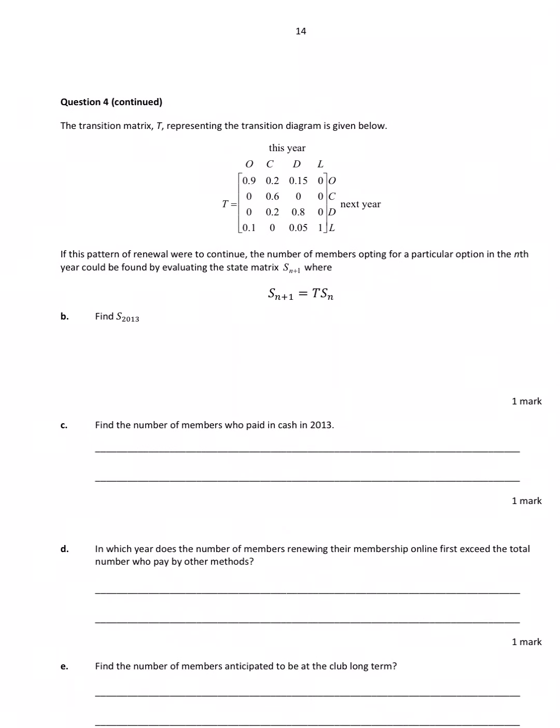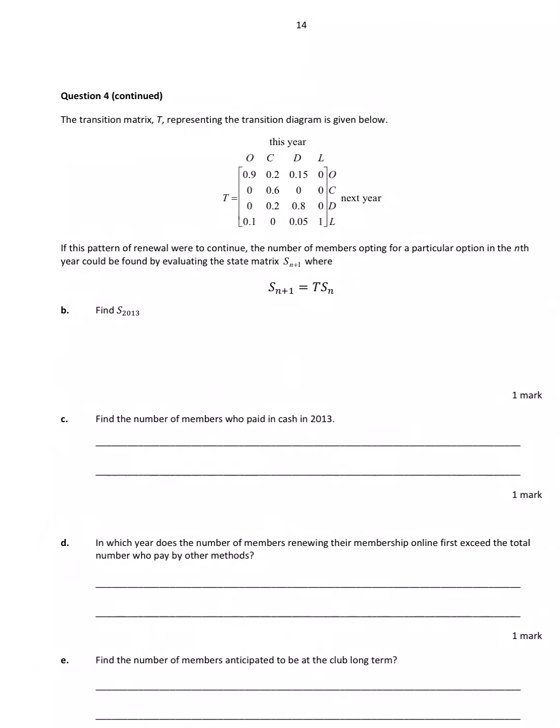Question 4. The transition matrix T represents the transition diagram given below. If this pattern of renewal were to continue, the number of members opting for a particular option in the nth year could be found by evaluating the state matrix. So we've just got the recurrence relation to find each year.